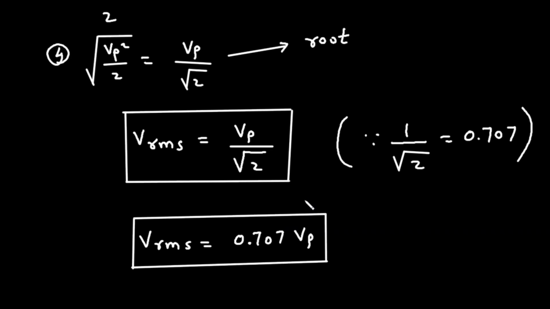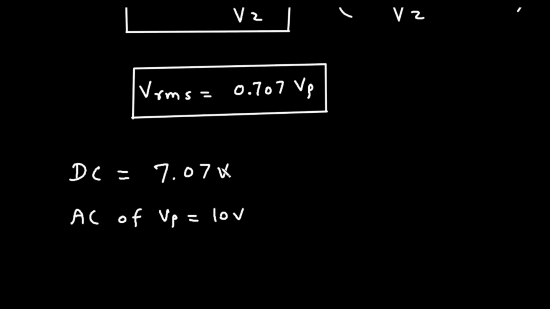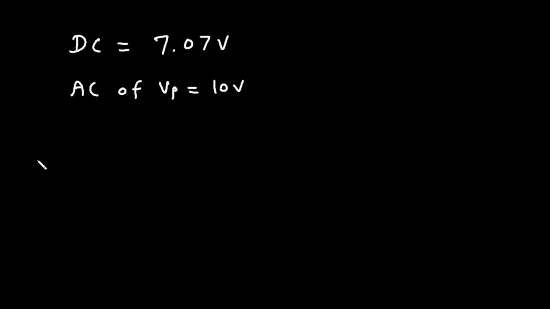Now next, what does RMS represent physically? Let's understand this with an example. If you apply 230 volt RMS AC to a resistive heater, it will generate the same heat as applying 230 volt DC.